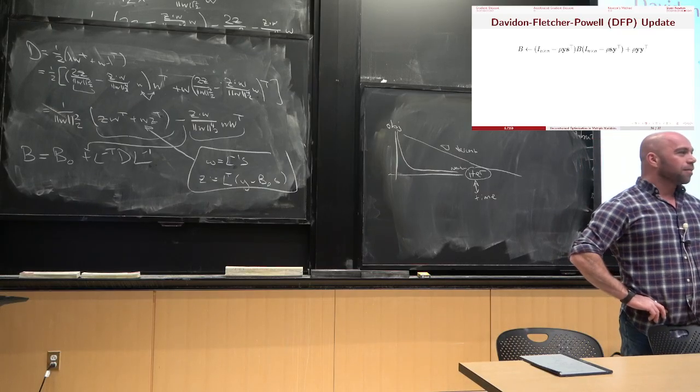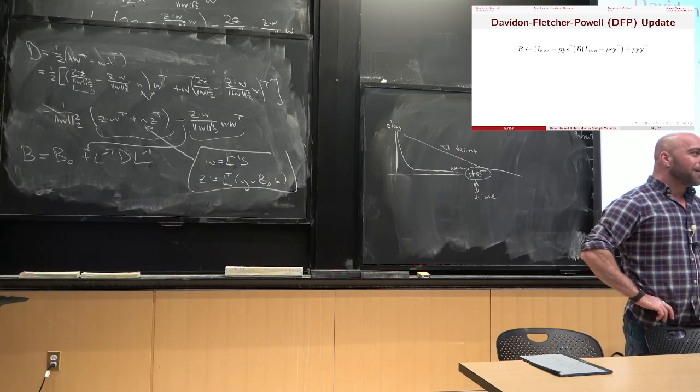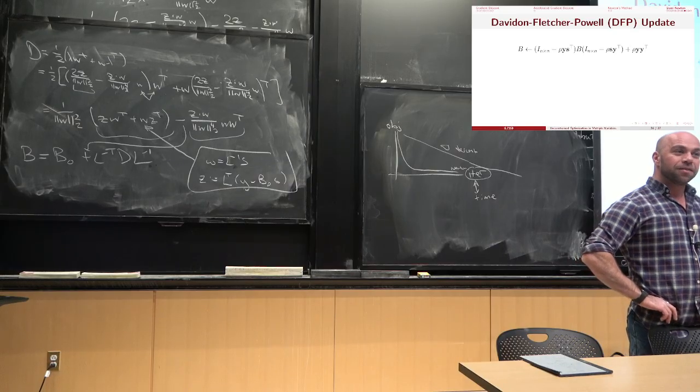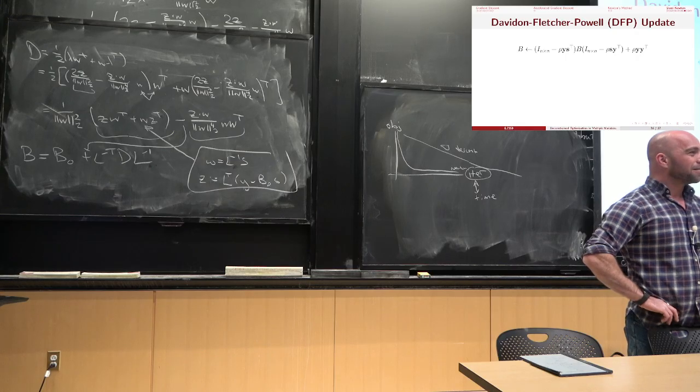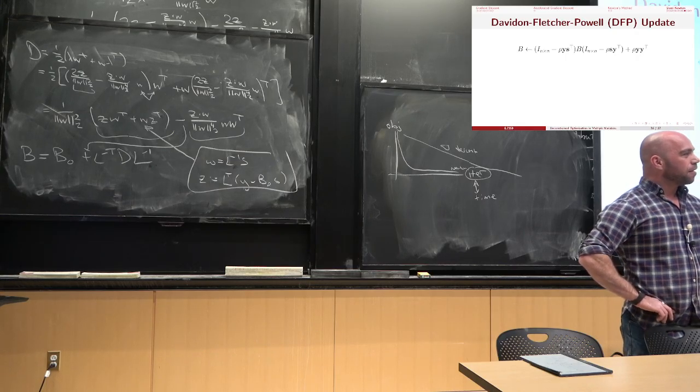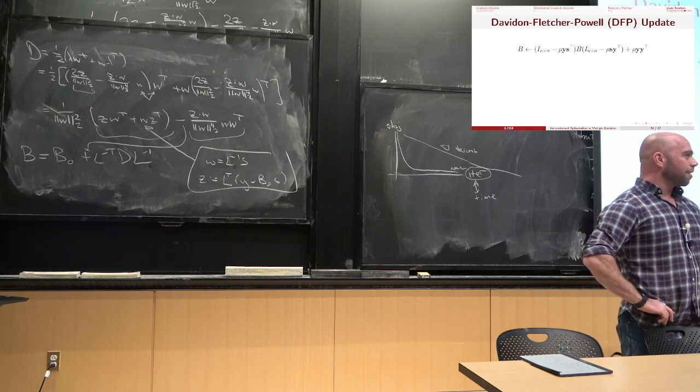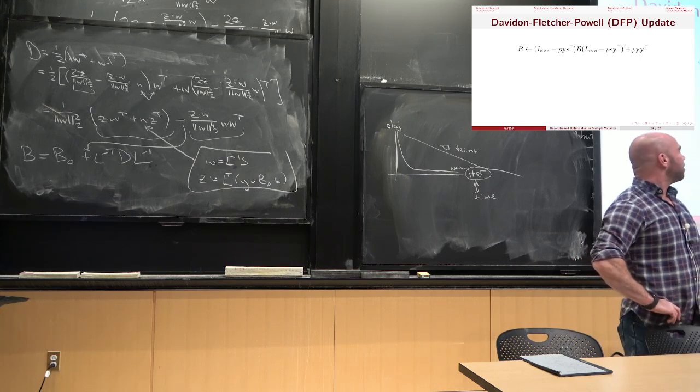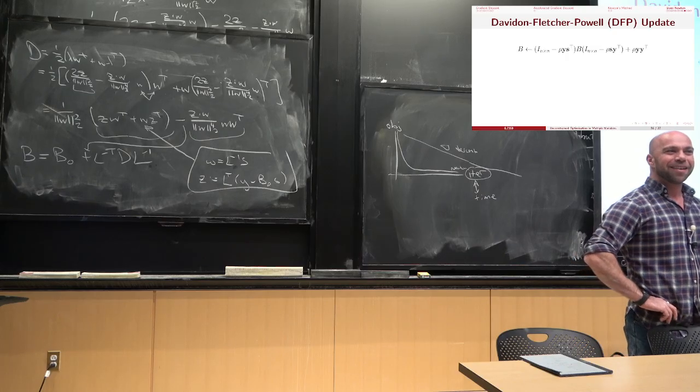What is the expense of this algorithm? There are two pieces. One is updating B, and the other is that we actually wanted B inverse. So it's very similar to Newton's method: we have to invert this matrix, and that's not so great.